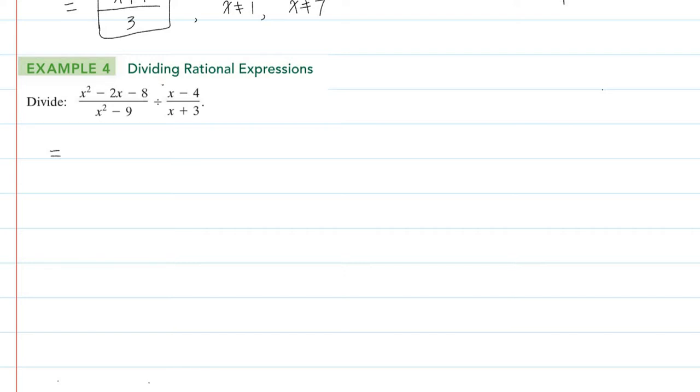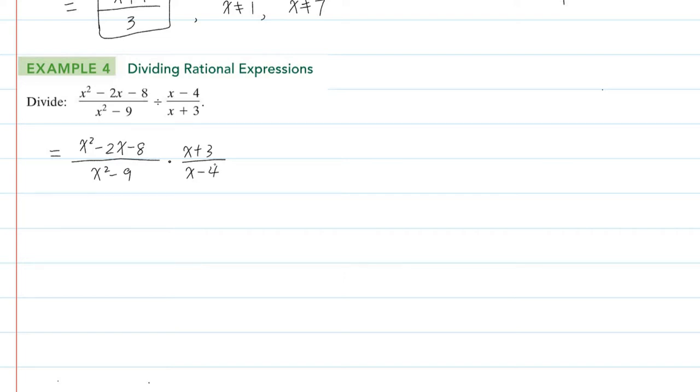Let's go ahead and look at this example 4. When you divide something, it's the same thing as you multiply the reciprocal, okay? First, we're going to turn this division into multiplication, because we already know how to multiply from example 3. So let's start step 1. You just multiply the reciprocal. x squared minus 2x minus 8 over x squared minus 9. We're going to multiply the reciprocal, that will be x plus 3 over x minus 4.